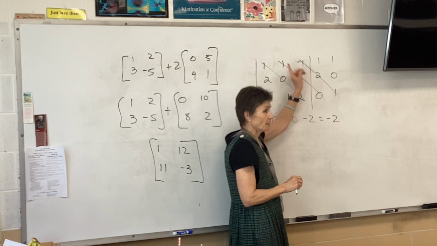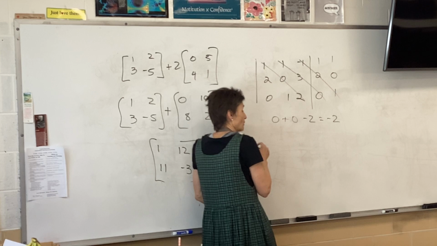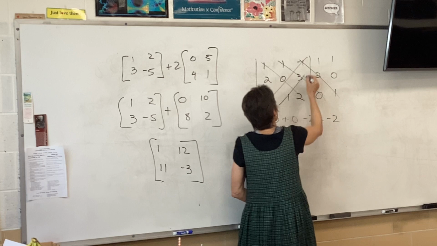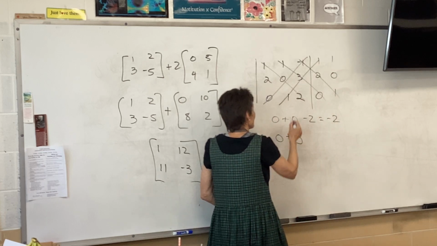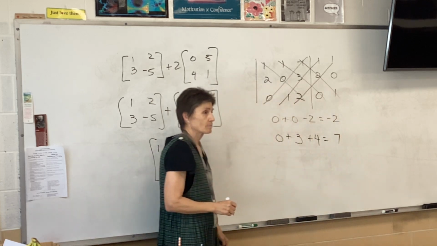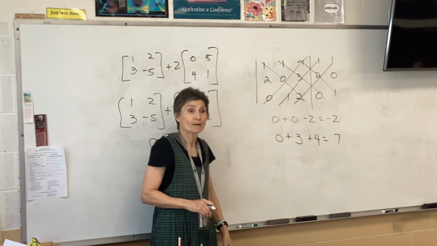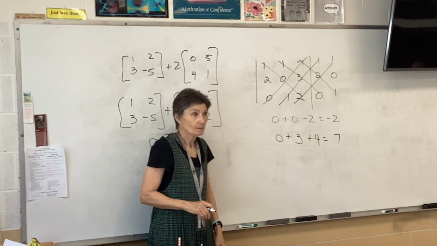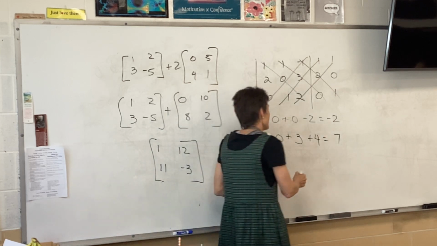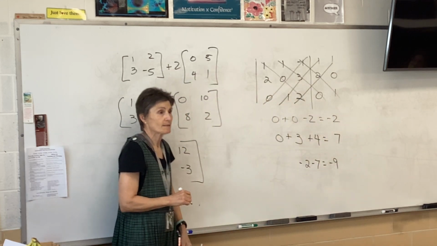So multiply, multiply, multiply, add them up. Now, other way around. Multiply 0, multiply 3, and multiply 4. Add them up. So for these I got negative 2, for these I got 7. What do I do with those 2 numbers? Somebody's got to remember. Subtract. So negative 2 minus 7 is your answer. So the answer is negative 9.